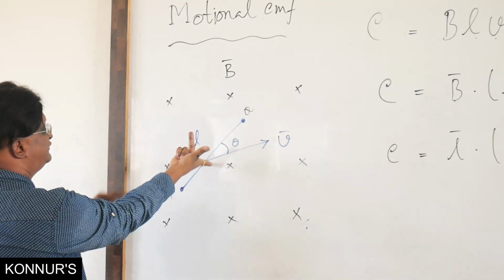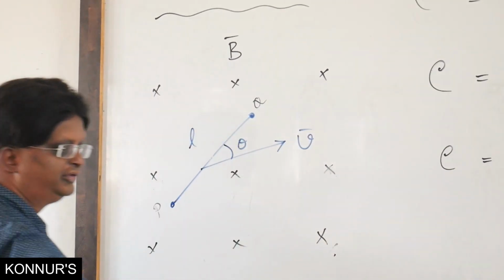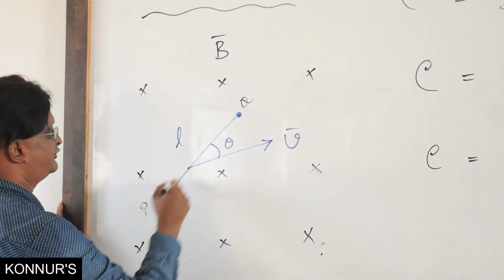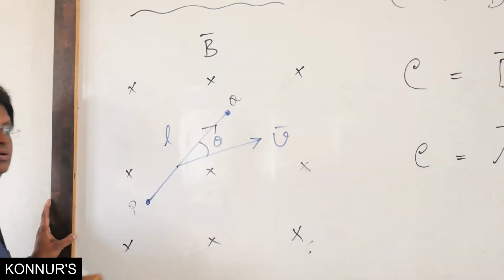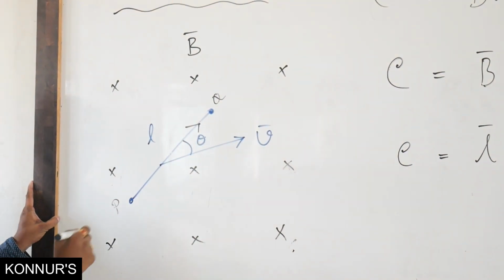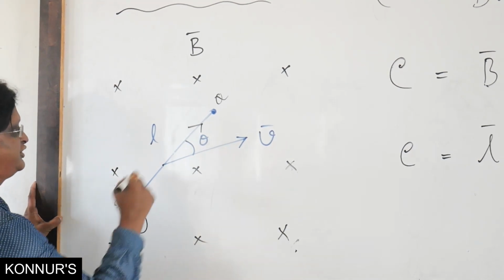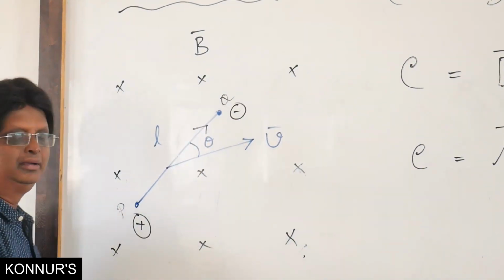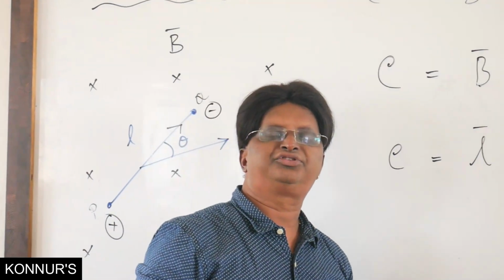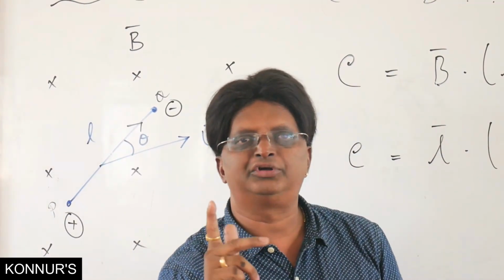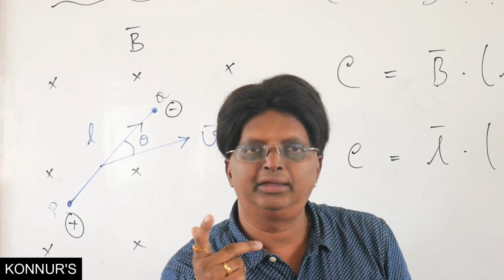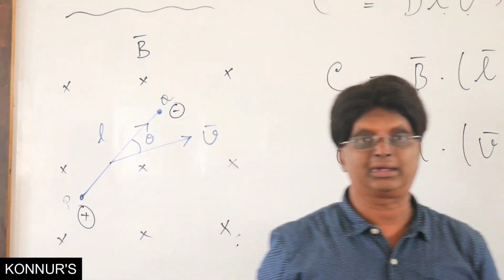Then the central finger is upwards. Therefore, the current is directed from P to Q. Therefore, the P end becomes higher potential and the Q end will be at lower potential. That is how we make use of this right hand rule to find the direction of induced current.